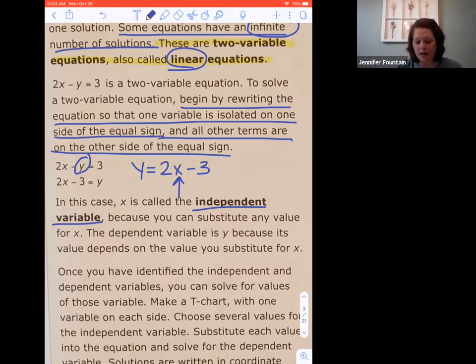I could do 2 times whatever that number is, subtract 3, and I have found the solution for y. So x is the independent variable and y is the dependent variable because my value for y depends on what I use for x. Does that make sense? Whatever my value for y is going to depend on what I choose to use for x.